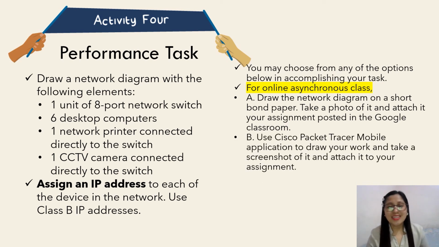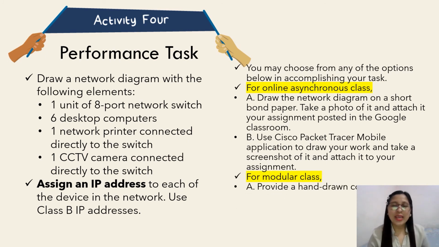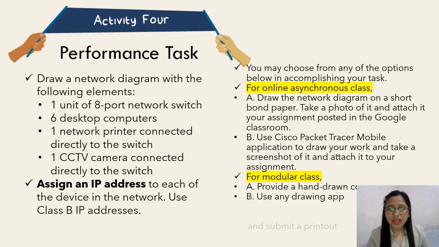You may use Cisco Packet Tracer mobile application or any other drawing application to draw your work, and take a screenshot of it and attach it to your assignment. For modular class, you may provide a hand-drawn copy of the network diagram, or you may also use any drawing application and submit a printout copy.